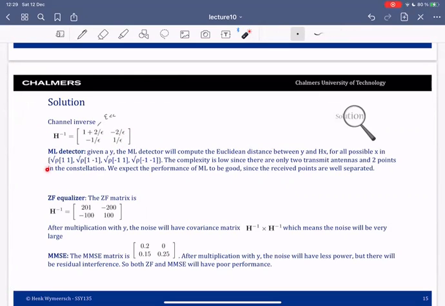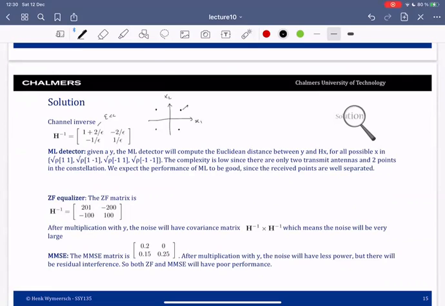For the maximum likelihood detector, what we will do is for each given observation y, we will compute the Euclidean distance between y and hx. So how does this work? We remember that we have BPSK, so we can represent the transmitted symbols on the first antenna and the second antenna in a kind of constellation plot. Okay, so these are all the points that we could send out.